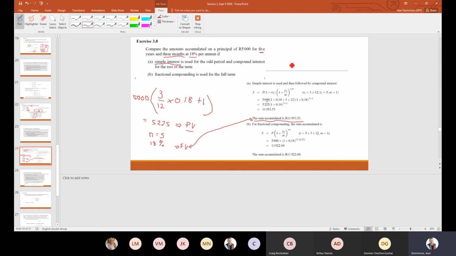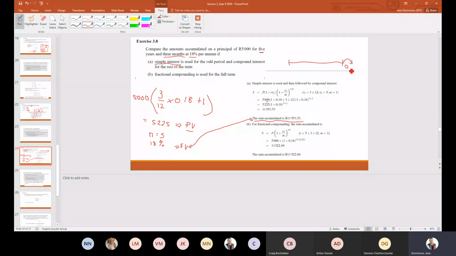And that's why I think it's important again. So you would have drawn your timeline. That was for 5 years. Then you need to add just those 3 months extra in your fractional compounding component. 3 months over 12. So if we divide that, you will get 0.25.